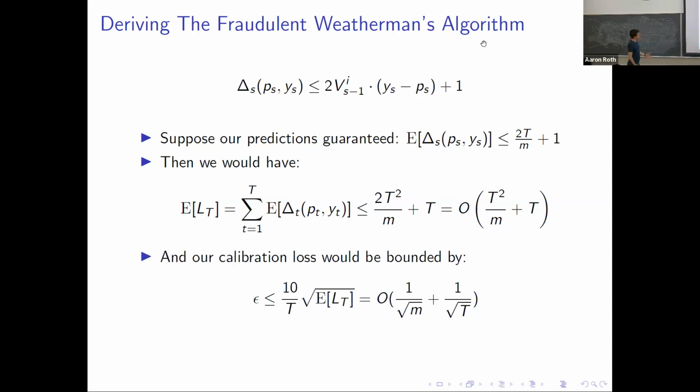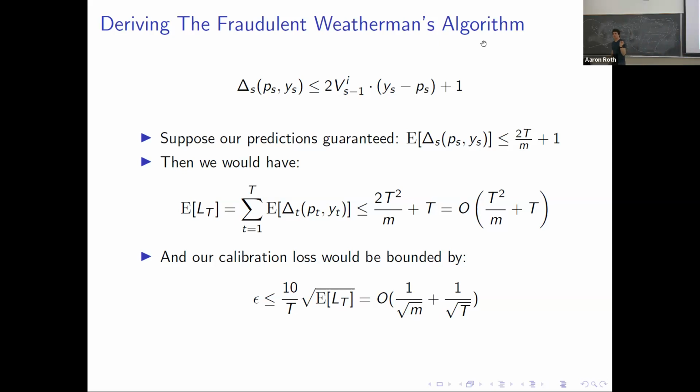And remember, the actual average calibration loss that our employer is evaluating us based on, it's not this squared calibration loss, it's this absolute average calibration loss. But that's bounded by the square root of our squared calibration loss over t. And so that's going to be something like 1 over root m plus 1 over root t.